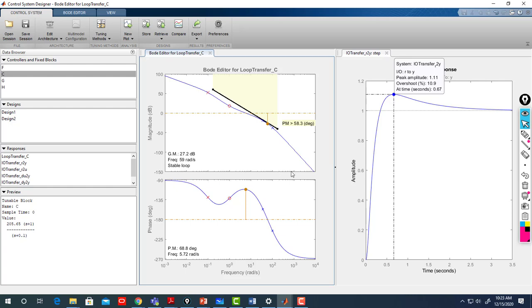Now, if I go to 168 to here, this should be the 168, but it doesn't seem to be. This is the 168 radian per second. Let me recheck my design requirement.